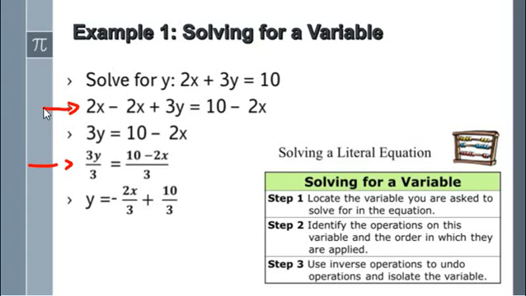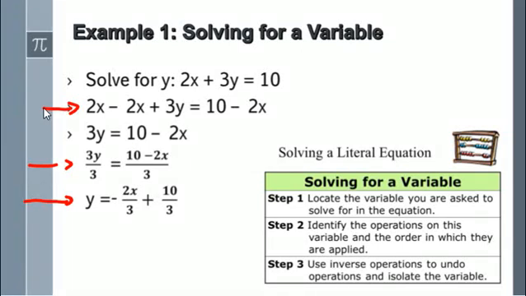And you can see they separated it into negative 2x over 3 plus 10/3. And one reason why they're separating it and putting the x first is because this will get you used to putting a literal equation or a linear equation in y equals mx plus b for later on in the year.